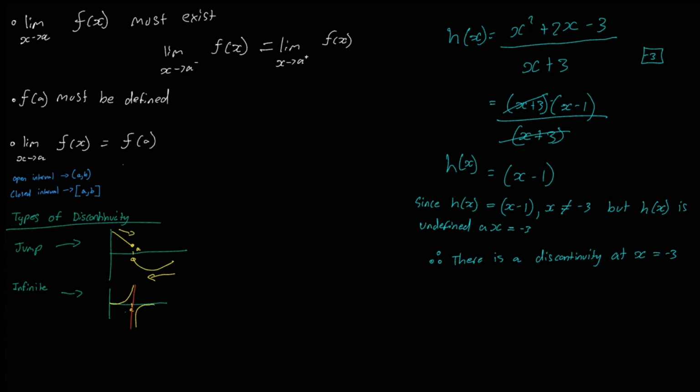Another type of discontinuity would be removable discontinuity. Let's say this is our function, and this is point a. At point a, coming up from the right hand side, we can traverse that yellow line all the way to the left, and coming from the left hand side, we can traverse the yellow line all the way to the right without going over any breaks.